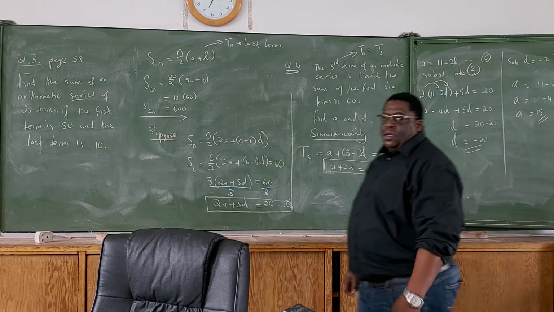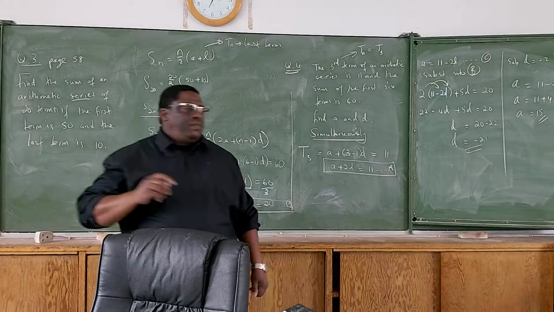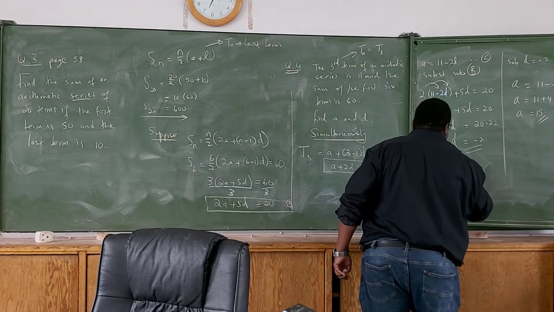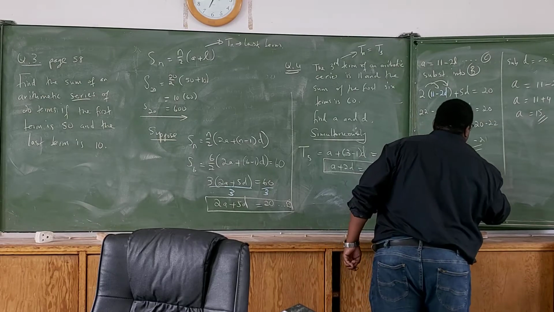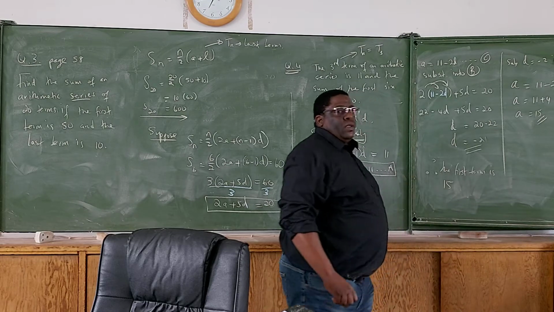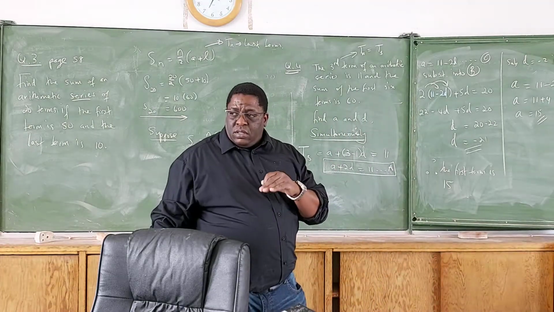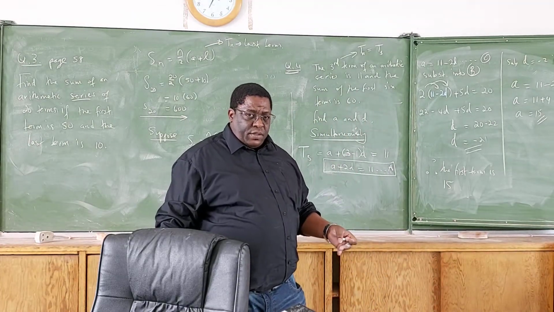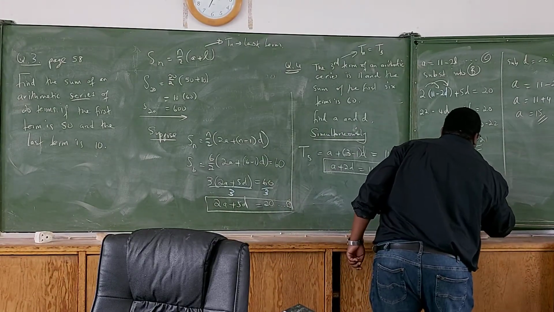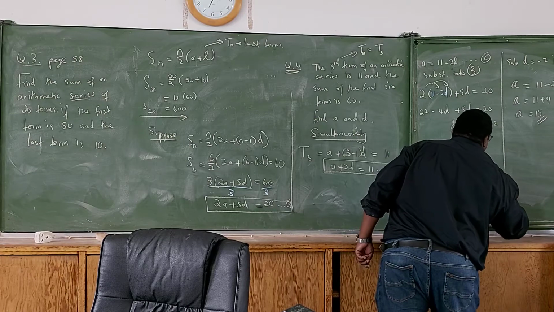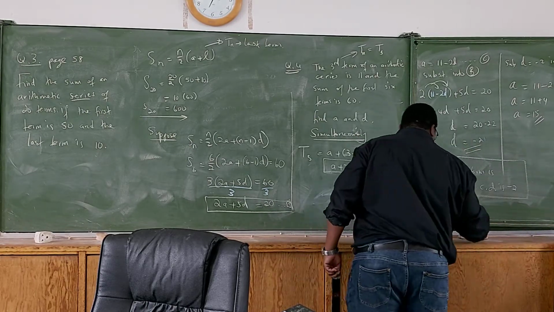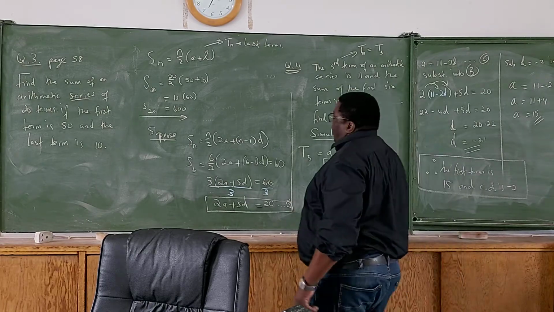Happy? Therefore, the first term is 15. Please remember, you are answering on the lines there, and you need to justify your answer. The first term is 15, and the common difference is minus 2. Does it make sense?